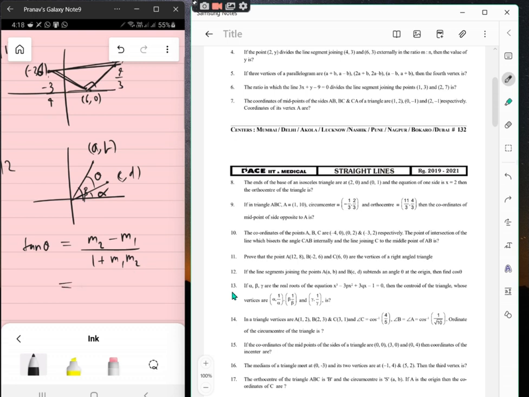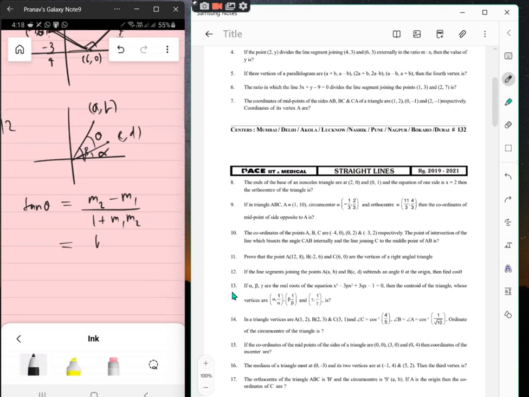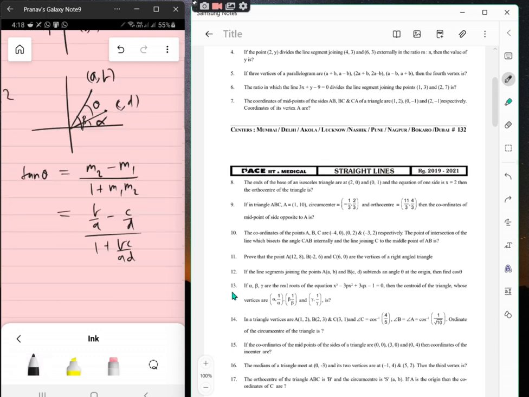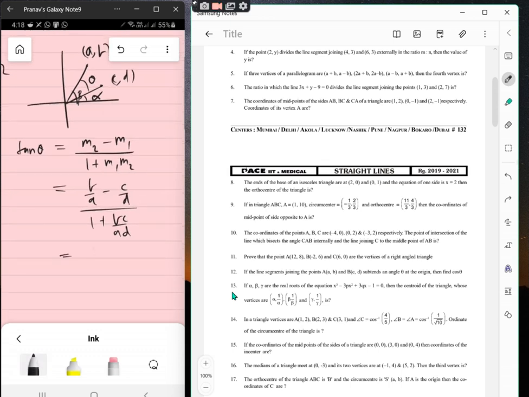And m2 is b upon a, so it's like b upon a minus d upon c upon 1 plus bd upon ac. Is that correct? I think yes. So yeah, it's just bc minus ad.